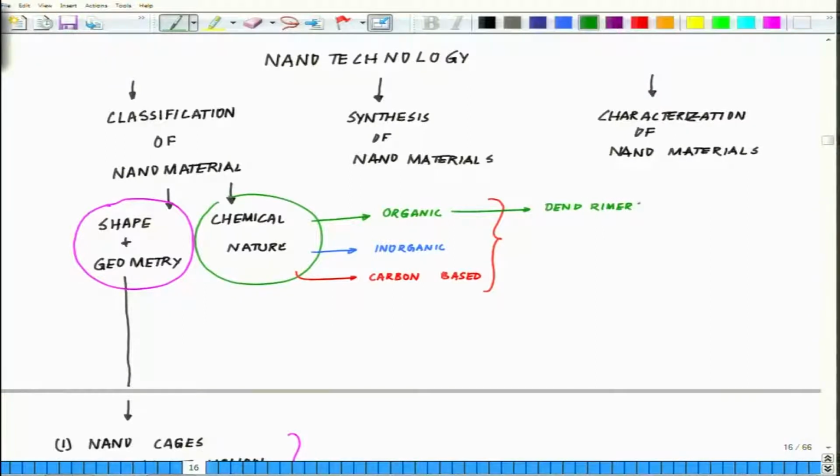So these are commonly known organic nanoparticles, and these nanoparticles are biodegradable, mostly non-toxic, and particles such as micelle and liposome have a hollow core.